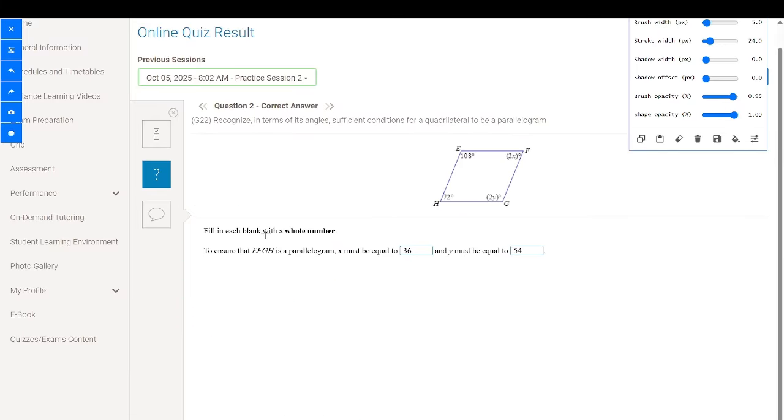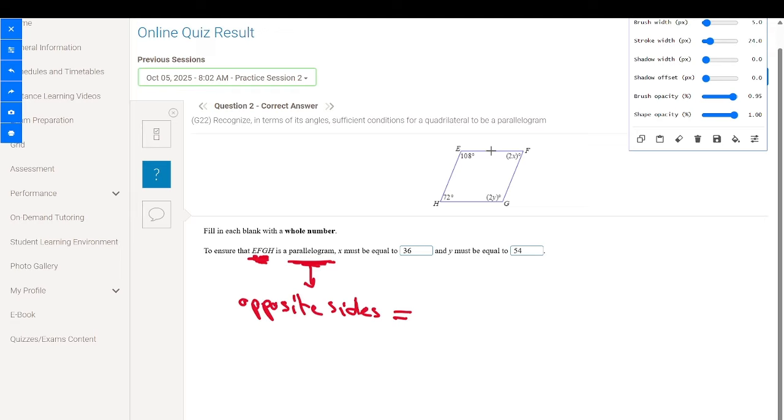Fill in the blank with a whole number to ensure that EFGH is a parallelogram, so x must be equal to and y must be equal to. So to ensure that this figure is a parallelogram, from a parallelogram we can know many things, like opposite sides are equal.